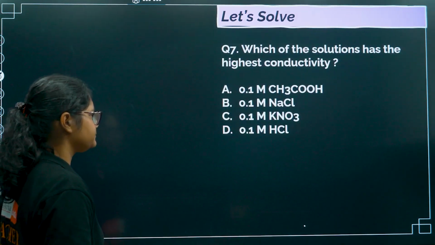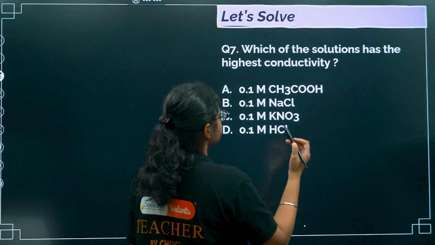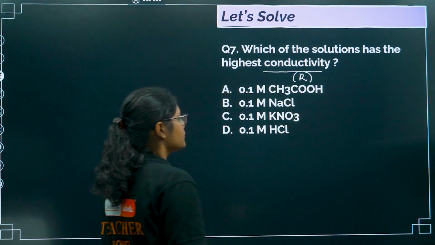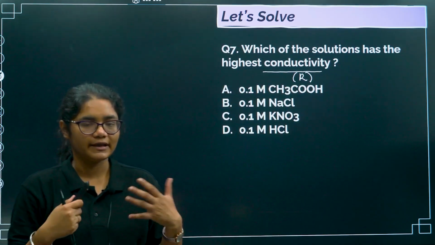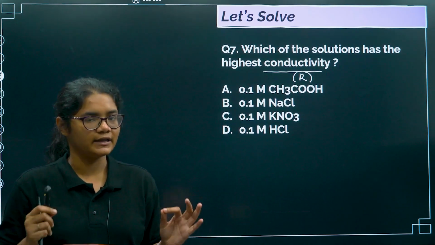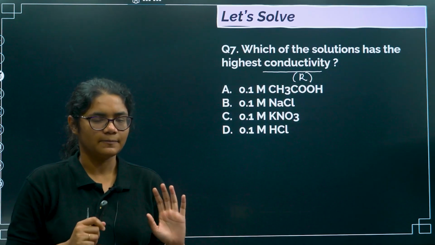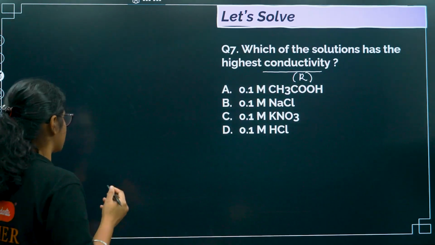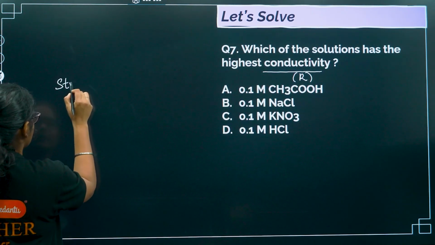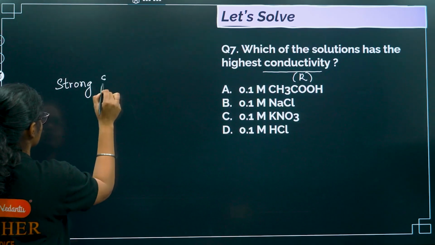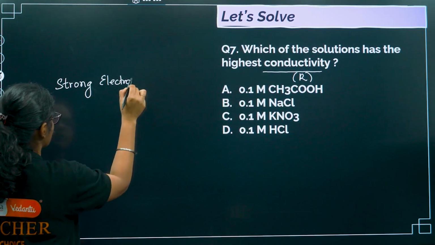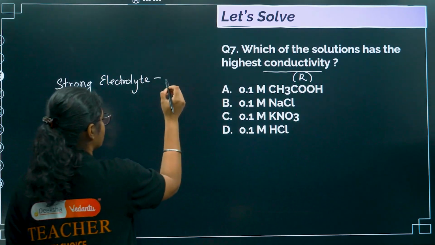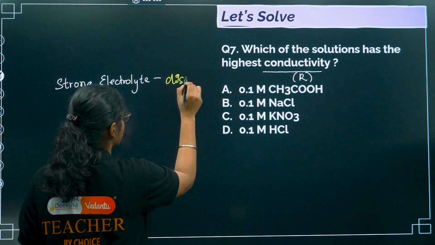Question here again. Which of the solutions has the highest conductivity, means highest kappa value, right? So here you should remember that strong electrolytes will have more conductivity, weak electrolytes will have less conductivity. Now what is a strong electrolyte and a weak electrolyte? Let us discuss that first. Strong electrolyte means that the electrolyte dissociates completely.